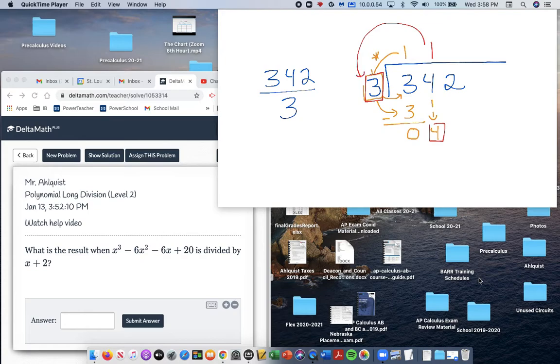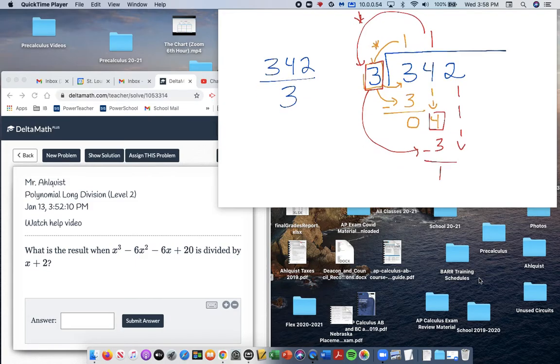1 times 3 is 3. If we subtract it, we get 1. Then finally, drop this down, and we get this to be 12.